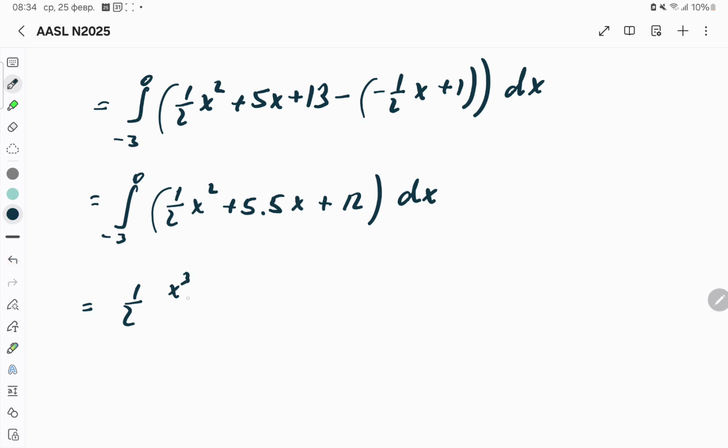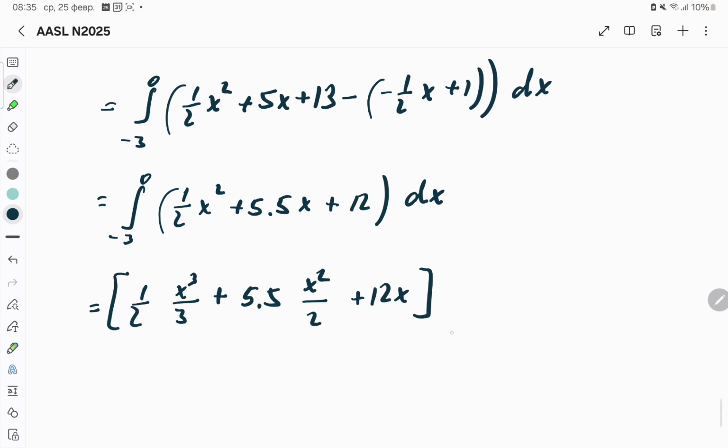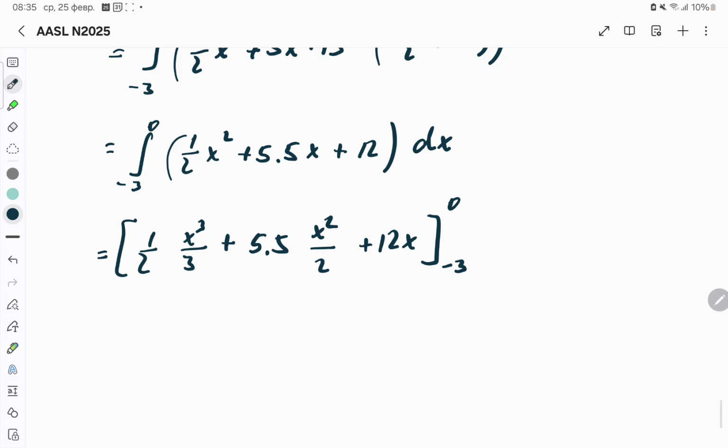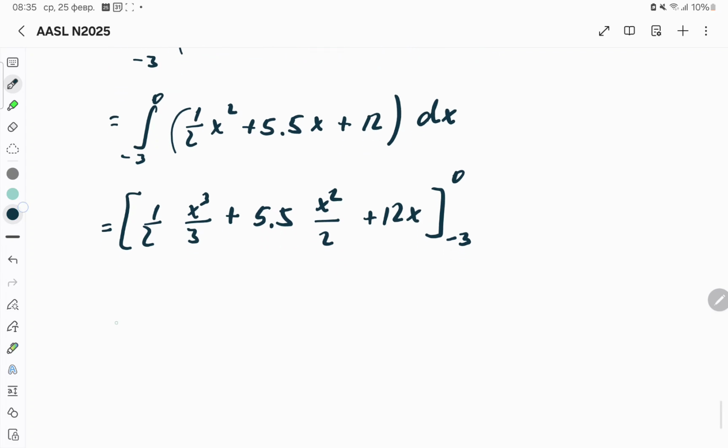Now we should integrate: 1 over 2 x cubed over 3 plus 5.5 x squared over 2 plus 12x, and our integration boundaries are negative 3 and 0. We're not going to plug in 0 because we will have 0, right? Let's do it completely, to let you completely understand this approach.